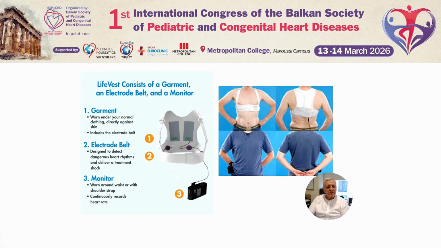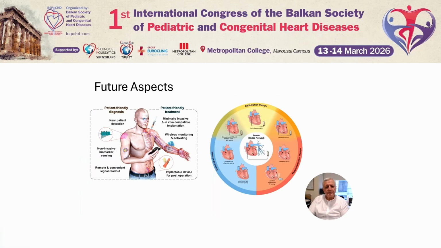And the monitoring system can be worn around the waist or with a shoulder strap, and continuously records heart rates. So this system may be especially for patients not suitable for a subcutaneous or transvenous ICD system, or who don't accept an ICD system implanted for the treatment of the heart rhythm problem.